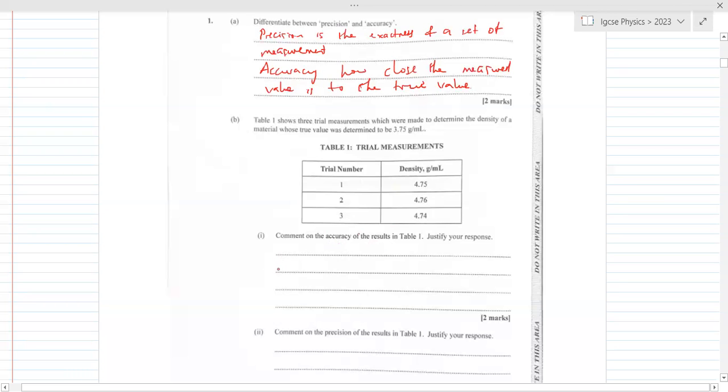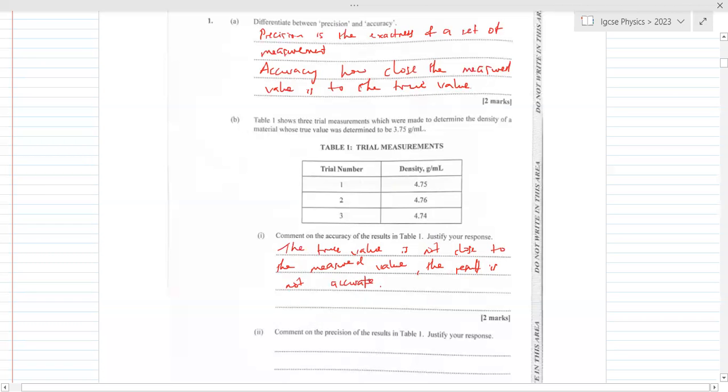In this case, first thing first, you should state that the measured values are not close to the true value. So therefore, the result is not accurate.